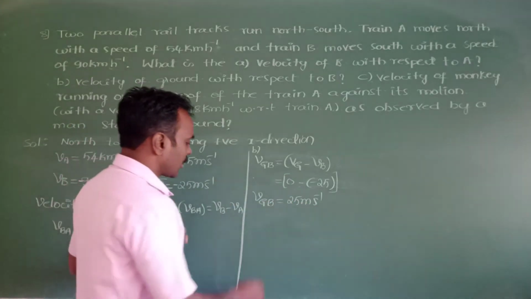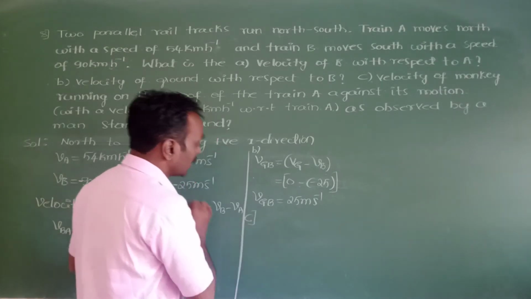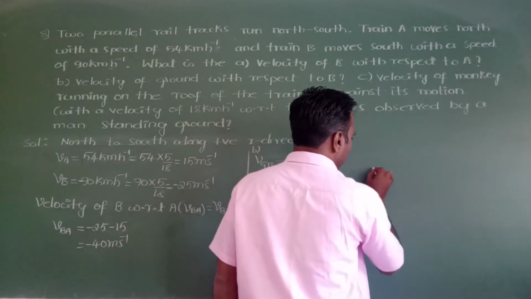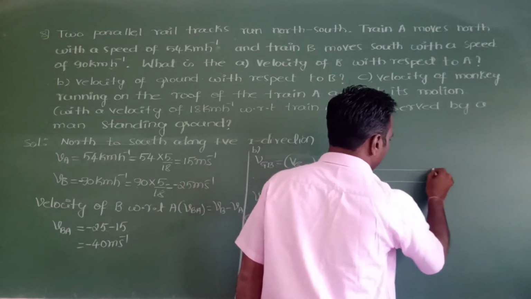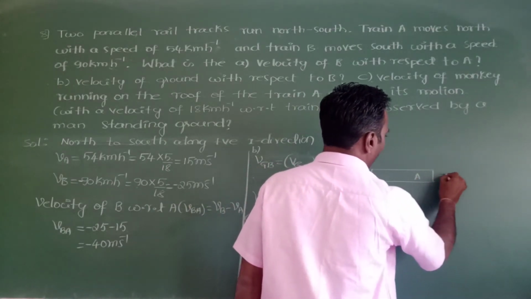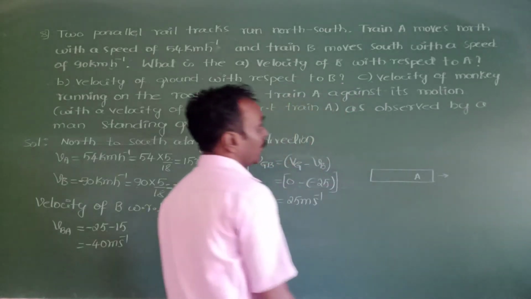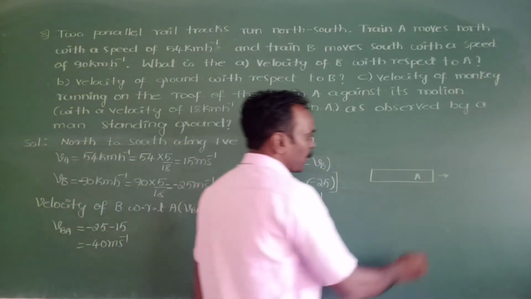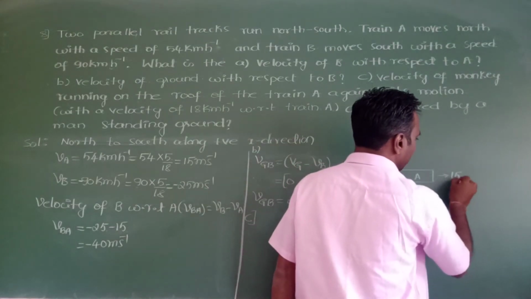And next question C. Okay, see here. The train A is moving in this direction. With what velocity? The train A is moving with a velocity plus 15 meters per second.